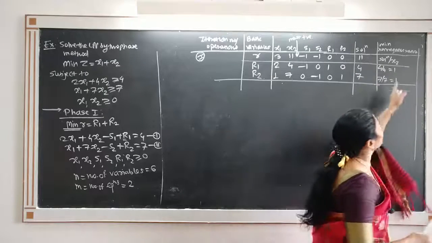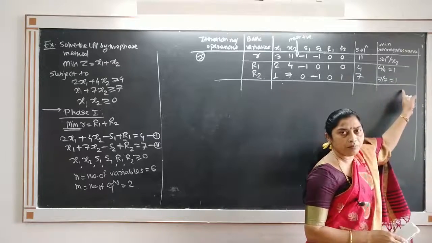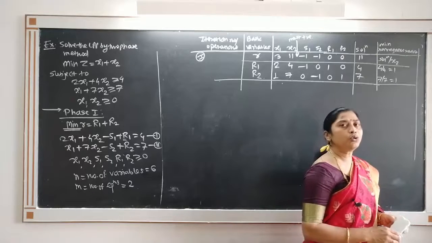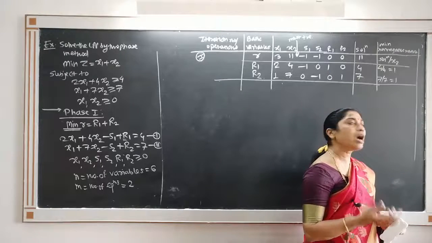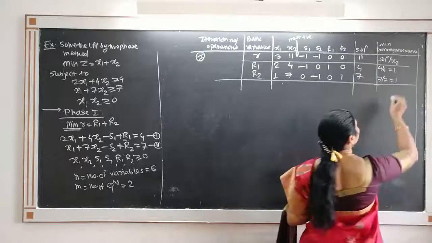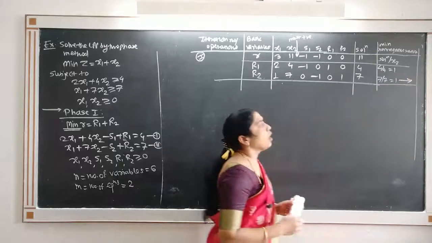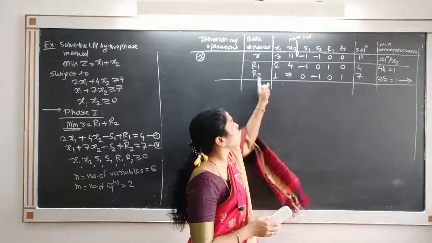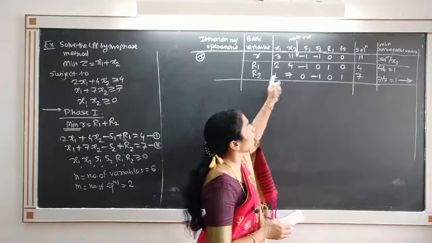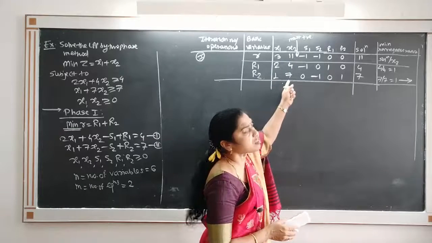Because the minimum ratio is the same, a tie occurs, and you can select any one arbitrarily. So suppose I select this as the outgoing variable. So R2 leaves the solution and x2 enters the solution.